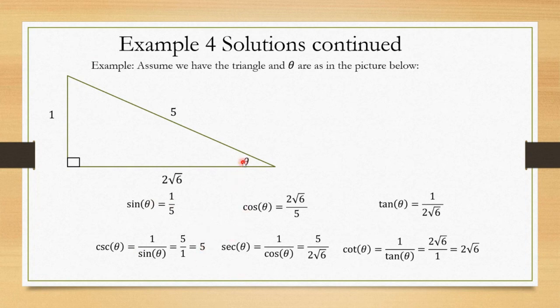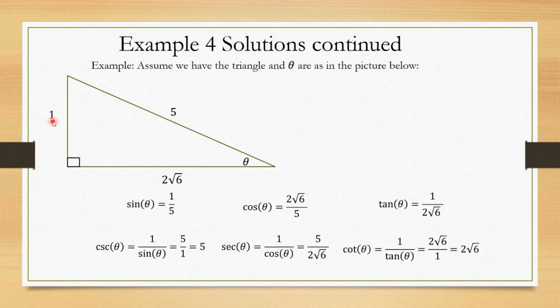Cosine of theta is adjacent over hypotenuse, right? So we have 2 radical 6 over 5. Secant is 1 over cosine, right? You invert this, and you get 5 over 2 radical 6.